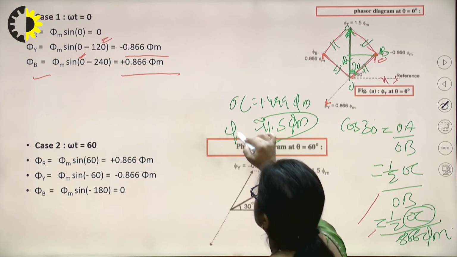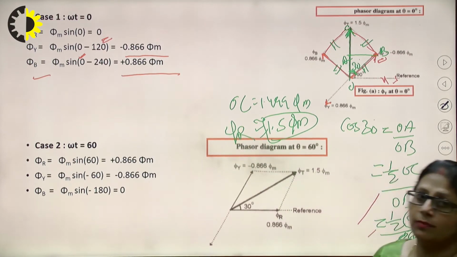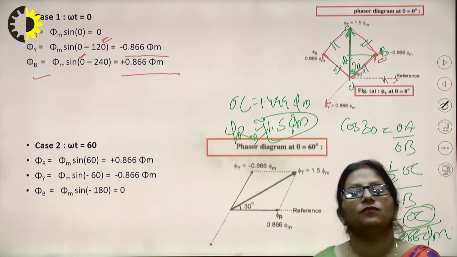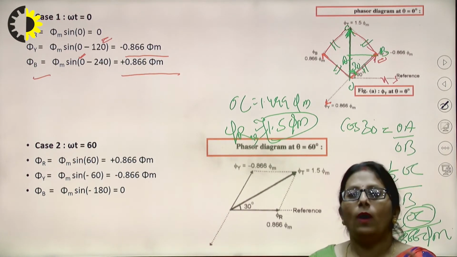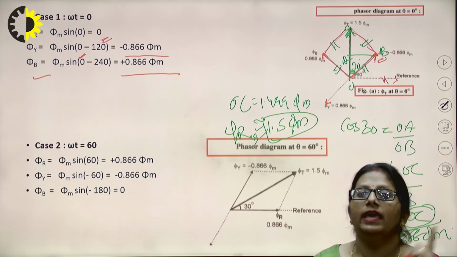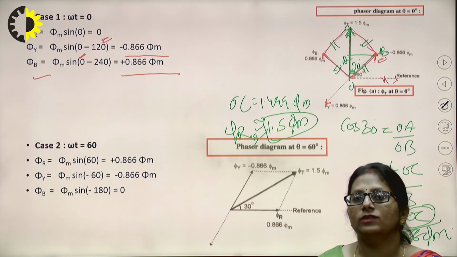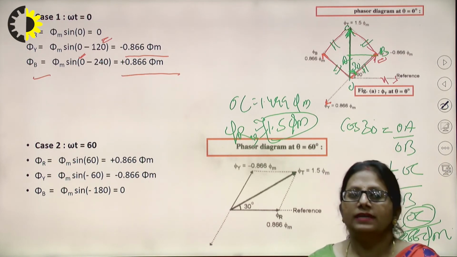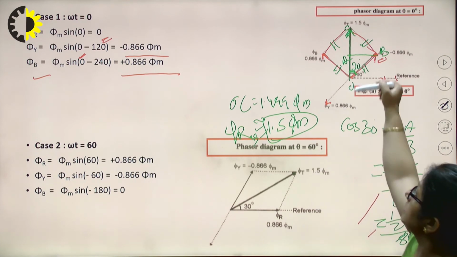So the resultant flux, I am writing it as phi resultant, will be 1.5 times the maximum flux that was there in the sinusoidal input wave, right? And where is the direction? Direction is just upward.